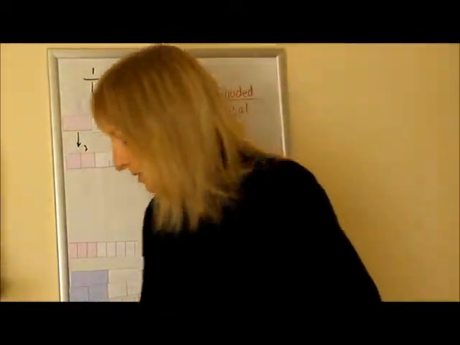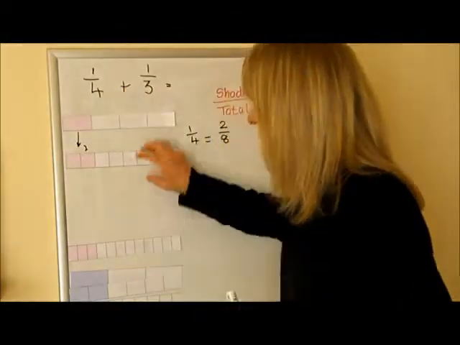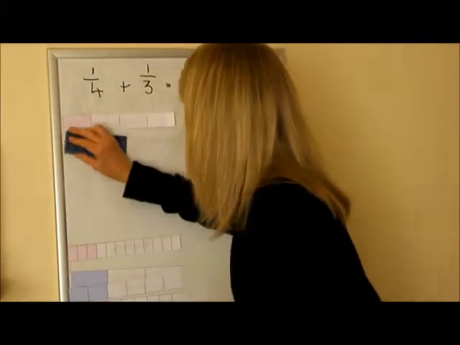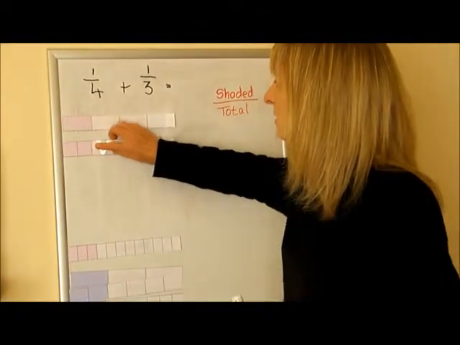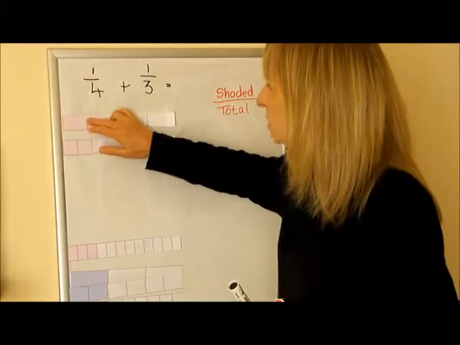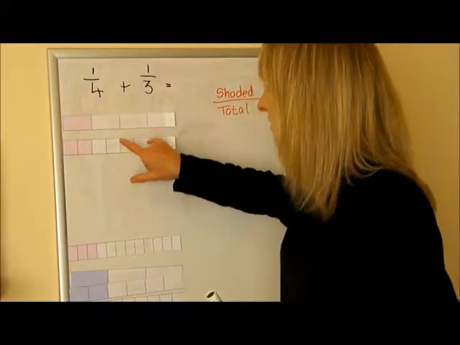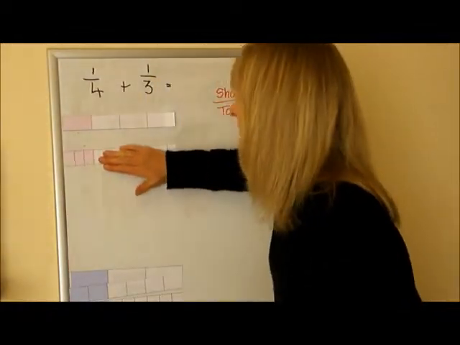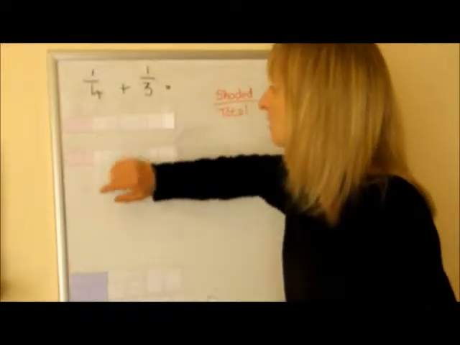That's still of no use to me. So what I'm going to do now is I'm actually going to get rid of that one for now. I'm going to rename my quarter by splitting it into 3 pieces. So I've split this into 2. Now I'm going to split my shaded area into 3 pieces. And now you can see that's been multiplied by 3.